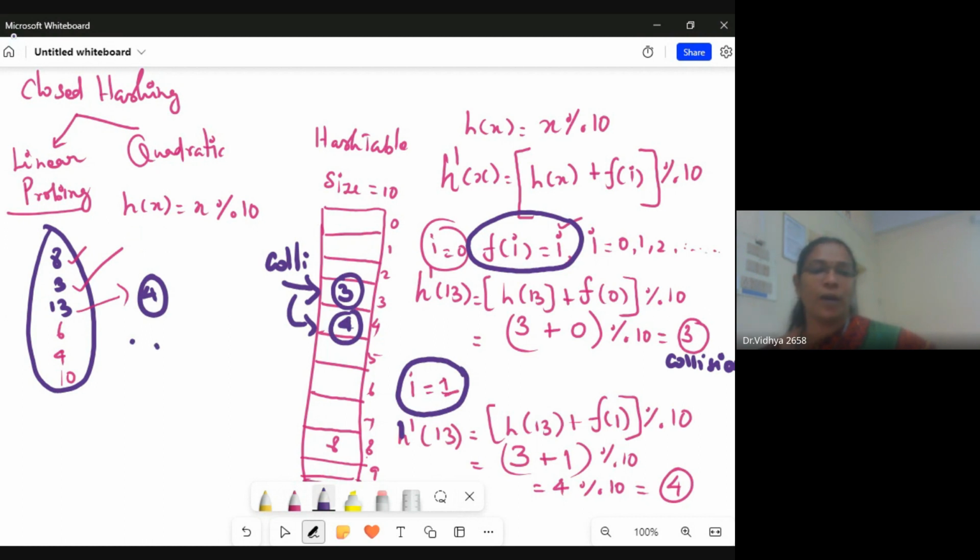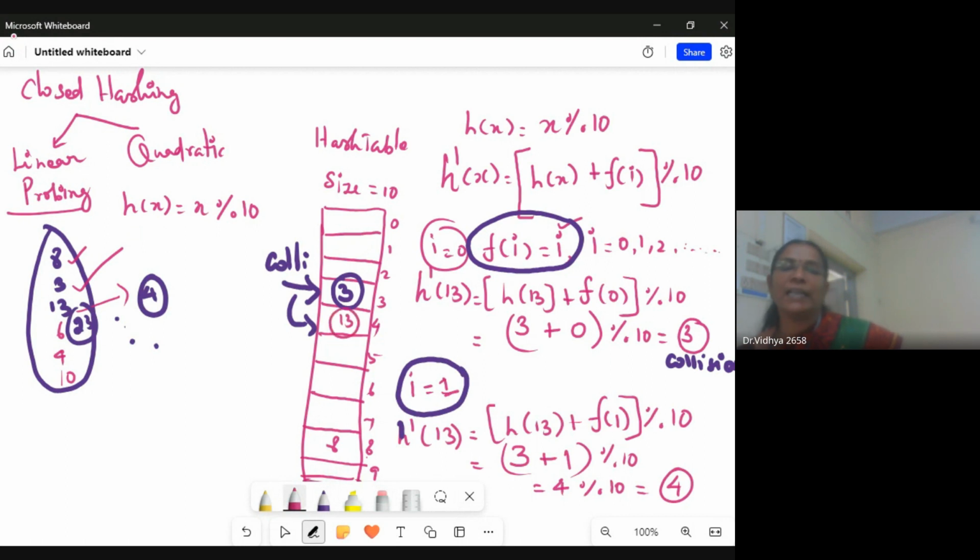For example, I am taking the number 23. So where will 23 be placed now? 13 was placed at position 4 due to the collision.